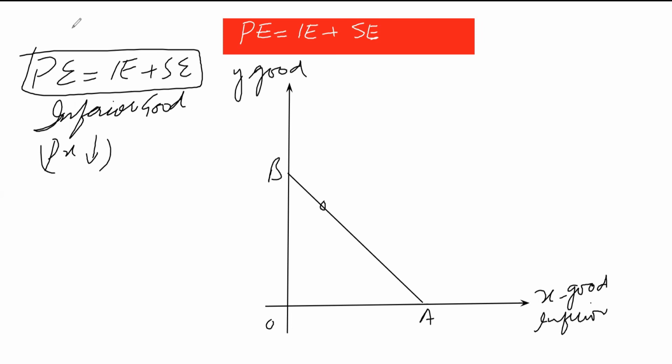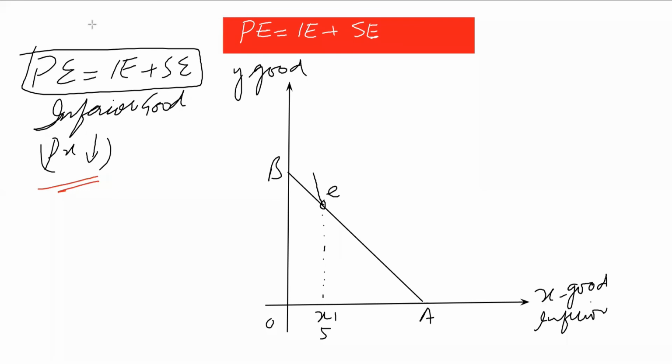Draw an initial budget line, that is AB, find an equilibrium at point E, and draw a partial indifference curve, and the consumer purchases x1 quantity of inferior good. Now if there is a fall in price of x, then there will be a pivotal shift in the budget line from BA to BA1, and the new budget line is the red line.